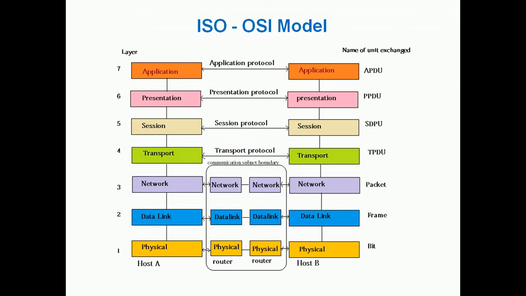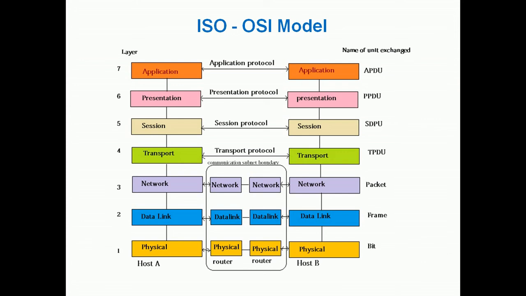In the next lectures we will see these layers in detail. Next layer is the session layer. Session layer is used for dial-up control, and for segmentation and reassembly. Next layer is the presentation layer. Presentation layer is responsible for translation of data, encryption of data, and compression of data.